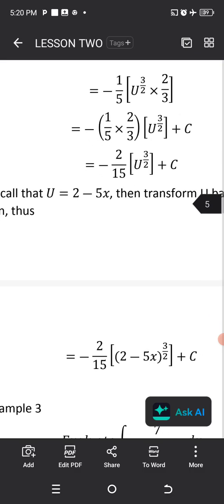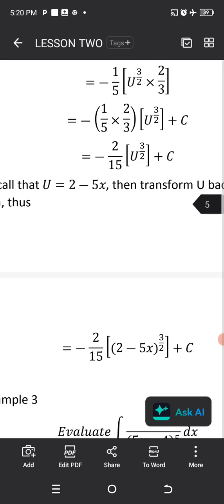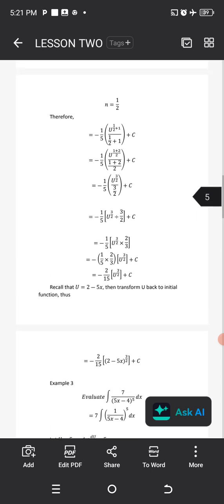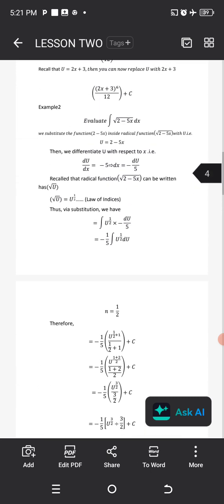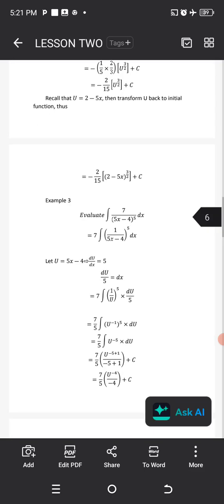So that is 2 minus 5x. So our final answer equals minus 2 over 15 square brackets parentheses 2 minus 5x close raised to power 3 over 2 close square bracket plus c. So that is the answer for example 2. So we go to example 3.